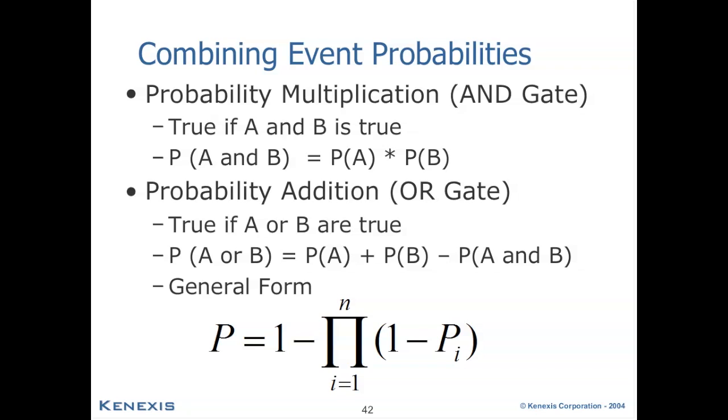In this case, you multiply the probability of A times the probability of B. In the case of an event being true if either A or B is true, you add the probabilities of the events and subtract the product of the probabilities of those events. The general form of the OR example is listed below as 1 minus a product of 1 minus the probabilities considered.